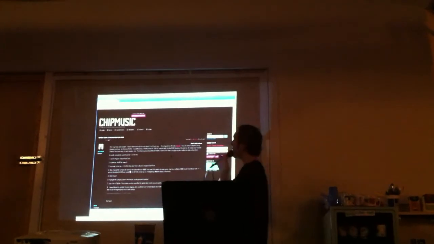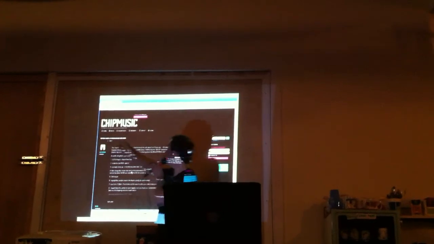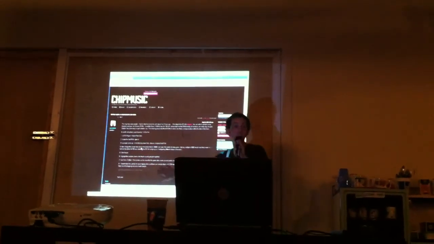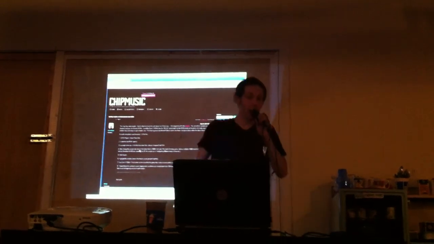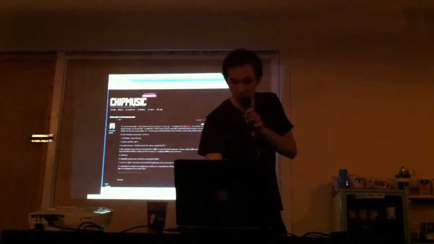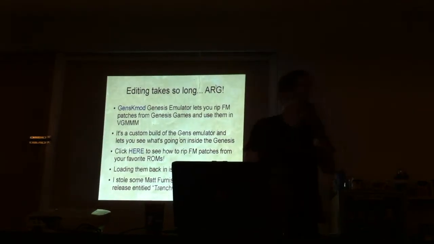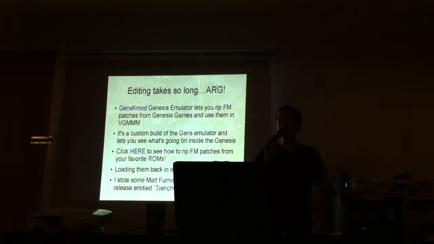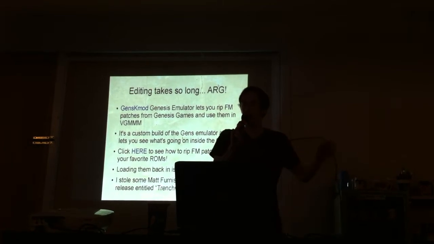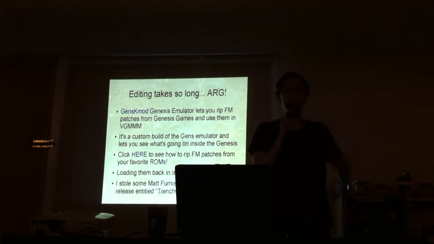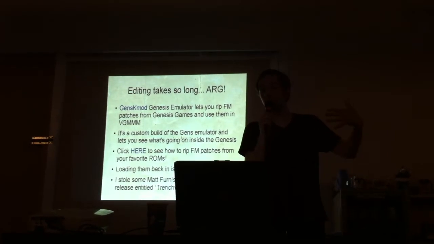So if you go to Chip Music and search ripping samples from Genesis bin ROMs, you can see I have a step-by-step thing right up here if you want to try it. The emulator that you use to do it is a modification of the Gens emulator. It's Gens Kmod, and some dev guys basically tricked it out so that you can look at all the different things that are going on inside the emulator.